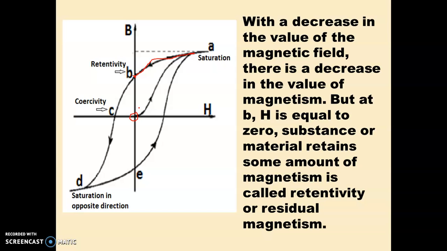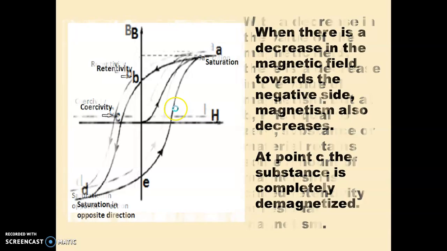Now a material that retains some amount of magnetism even after H is 0 has what is called retentivity. Even when H is 0, some magnetism is there, and that is called retentivity or residual magnetism.